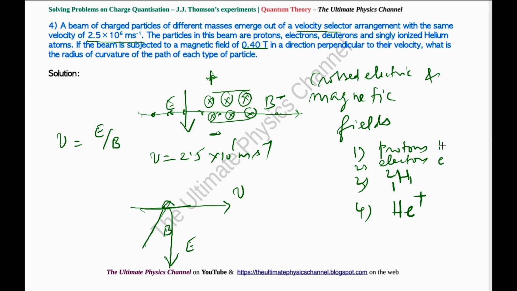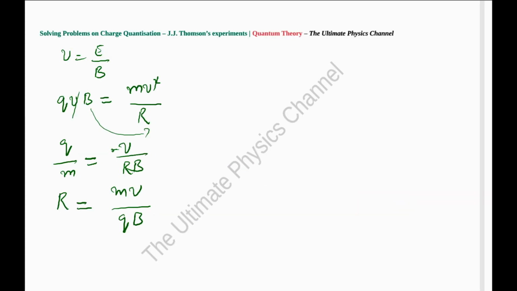Proton's magnitude of charge is same, right? And a deuteron also has one extra neutron in its nucleus, but otherwise the charge is same because there is only one proton, so that is also same. And similarly, He+, when it is singly ionized helium, it also has only one charge. So all the charges are same. So we can use this arrangement too.